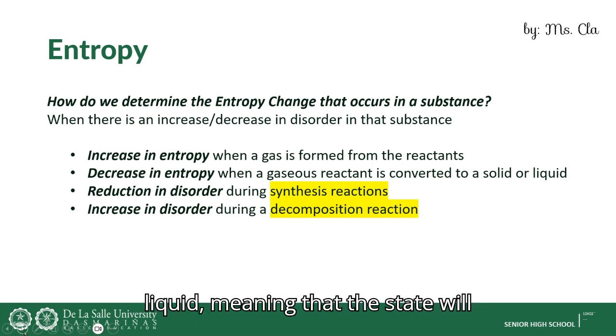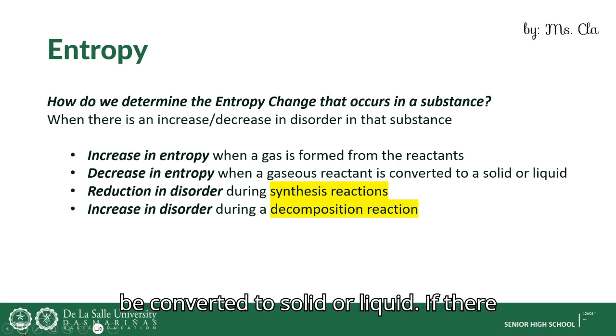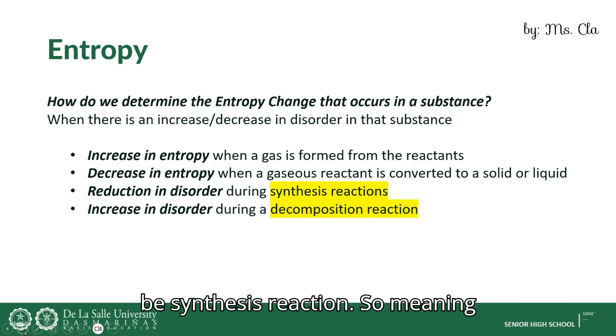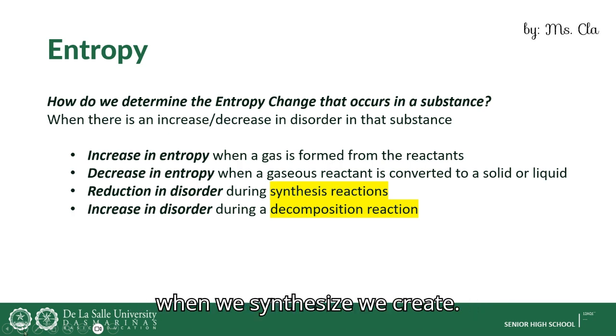If there is a reduction in disorder, there will be a synthesis reaction. So meaning when we synthesize, we create a product, we create a compound. And there is an increase in disorder during a decomposition reaction.